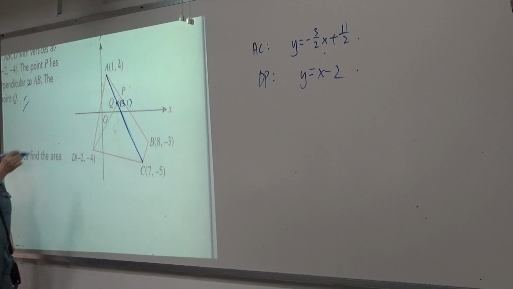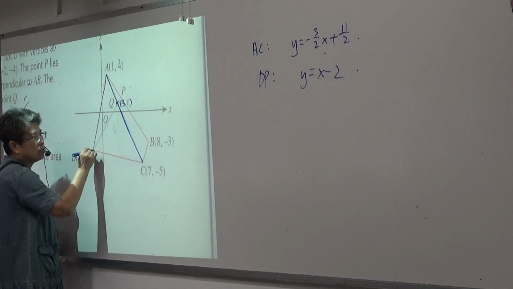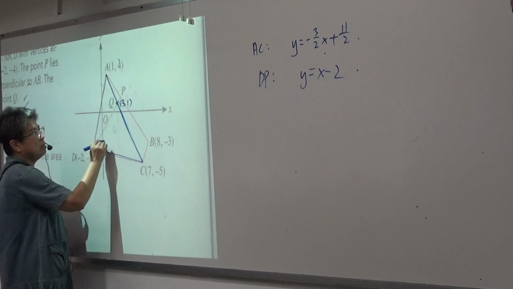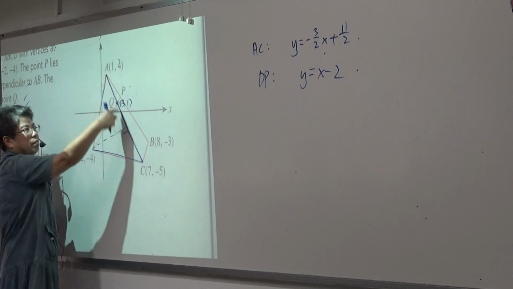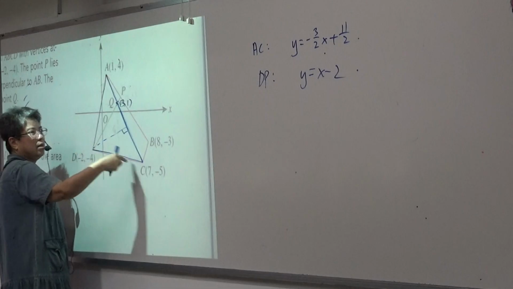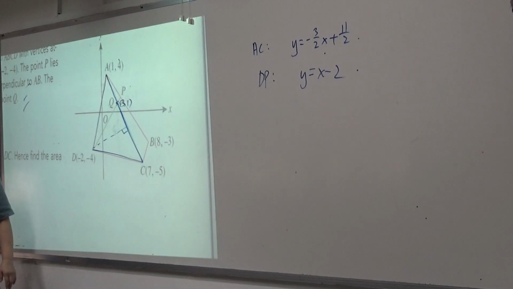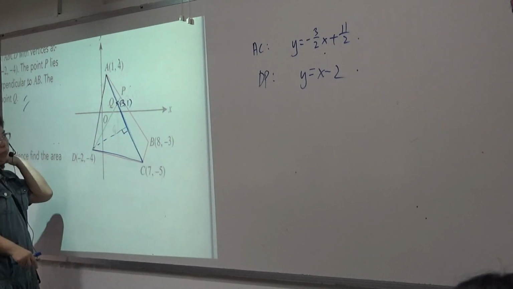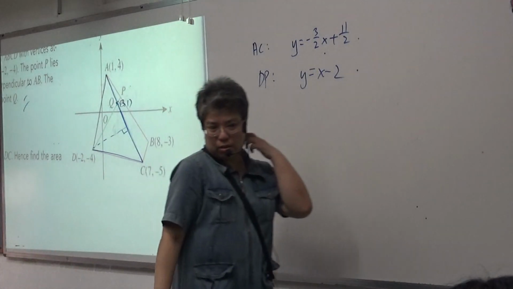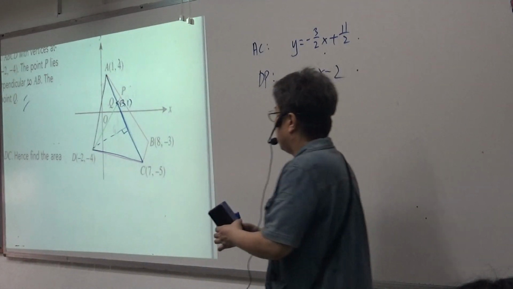Okay? Now, can all of you look at this triangle? Can you see that these two triangles share the same height? This is one triangle, and this is another triangle. Can you see what I rotate? Now I need to ask one thing here.